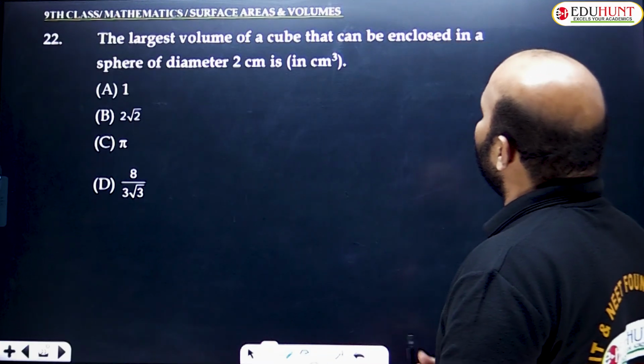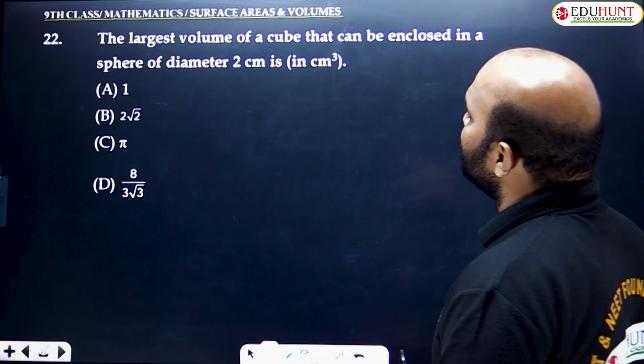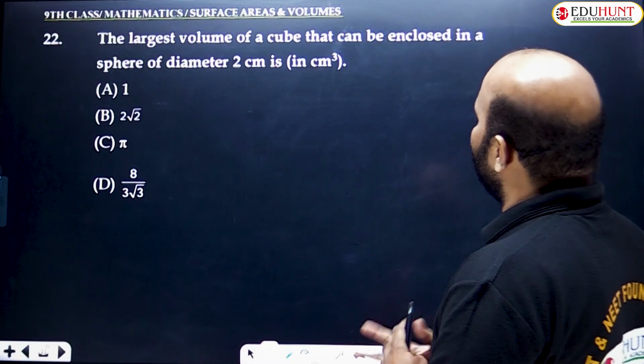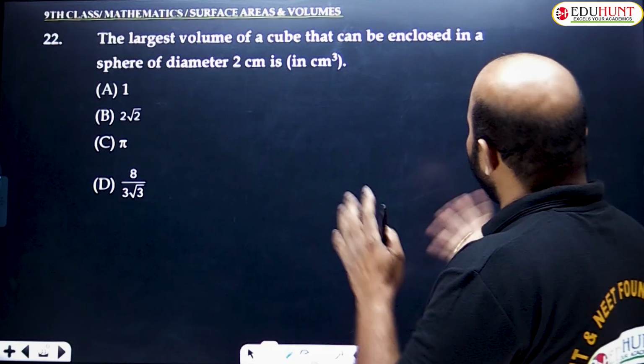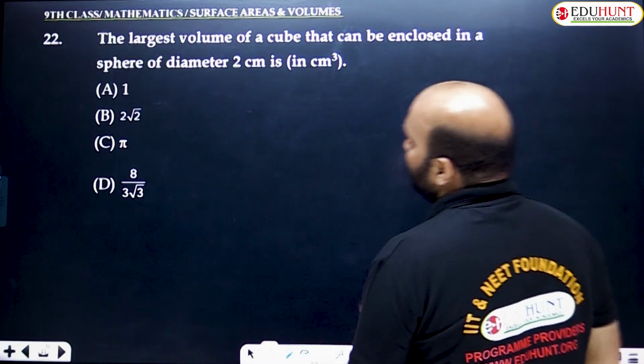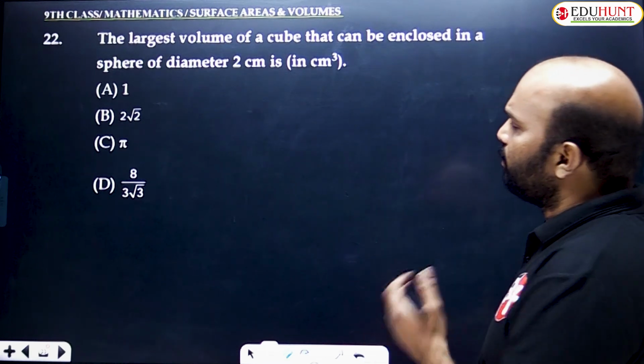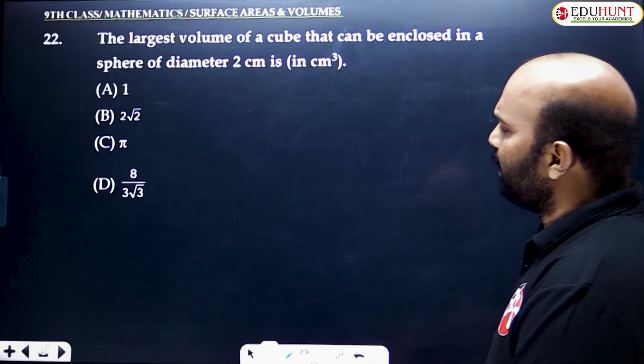The largest volume of a cube that can be enclosed in a sphere of diameter 2 centimeters is. Option A 1 centimeter cube, option B 2 root centimeter cube, option C pi, option D 8/3 root 3.